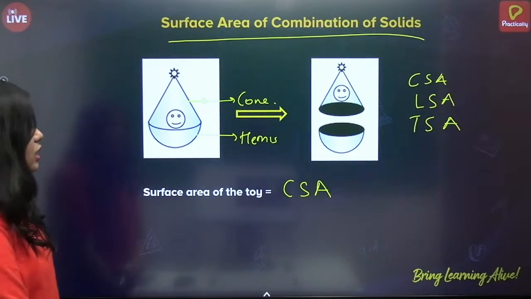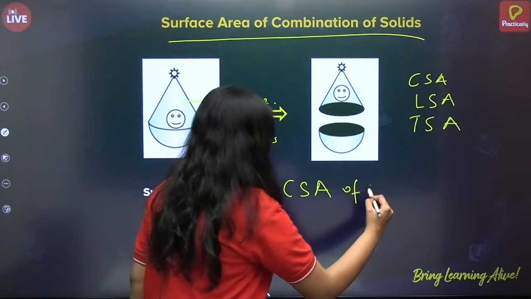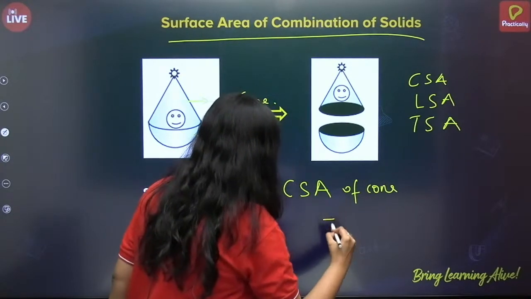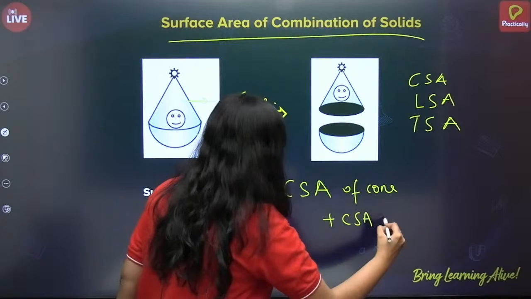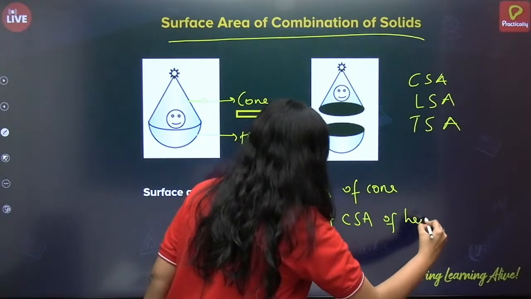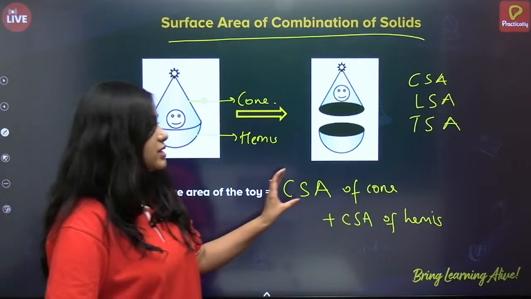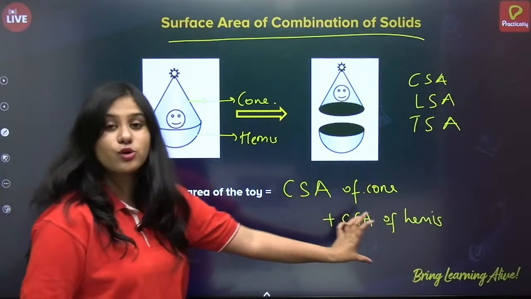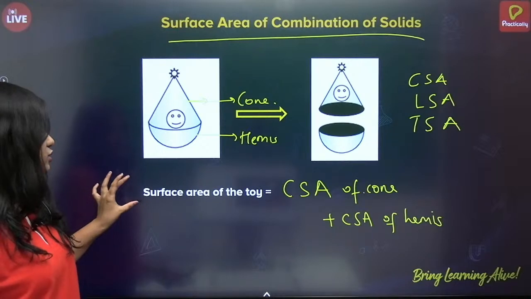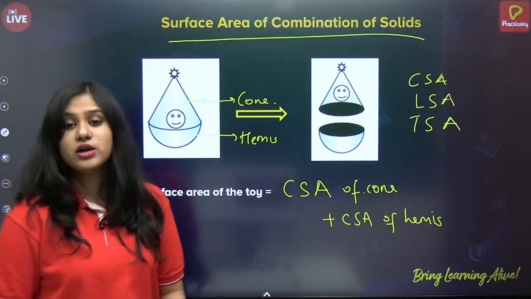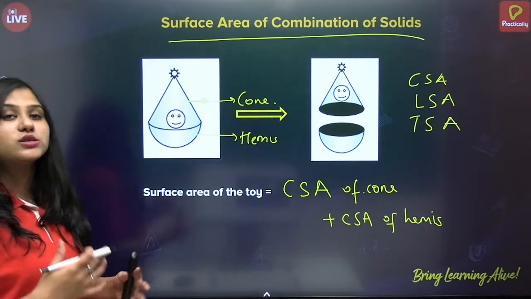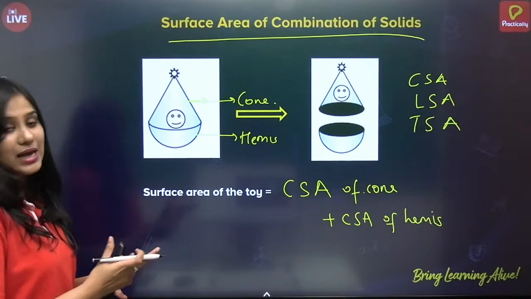Right. So CSA of cone plus CSA of hemisphere, right? If I calculate CSA of cone plus CSA of hemisphere, I will be getting the total surface area of the toy. Alright, so this is one of the examples we've considered.